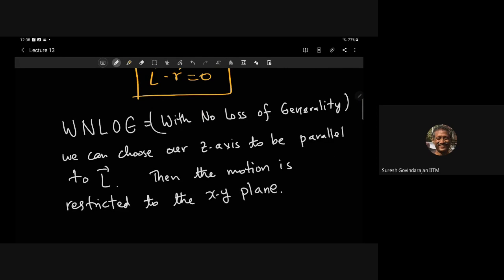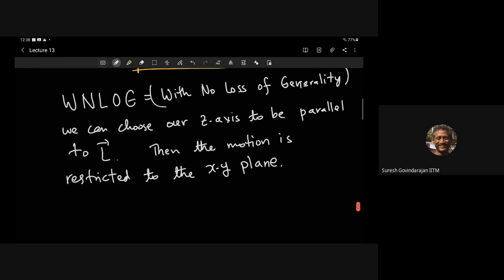In spherical polar coordinates, what is the XY plane equation? It's theta equal to some constant. What constant? Pi over 2. That's it.